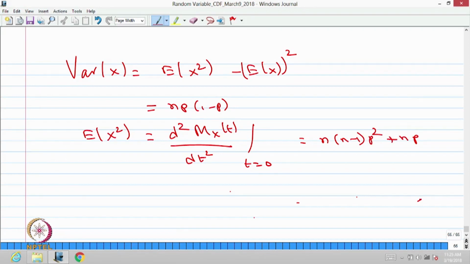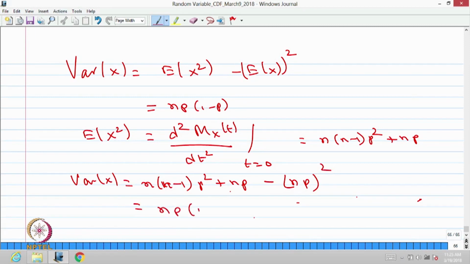Once you know the expectation of X square, substitute in the variance formula: n into n minus 1 p square plus np minus np the whole square. Simplify that and you will get np into 1 minus p. So, this is the way one can get the variance of X for the binomially distributed random variable.